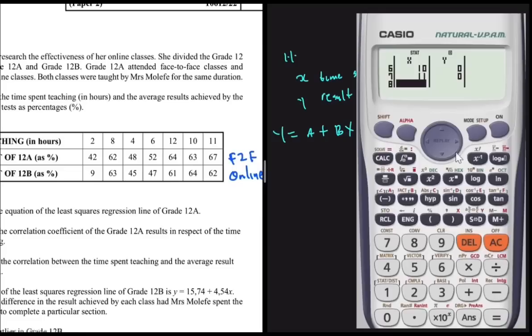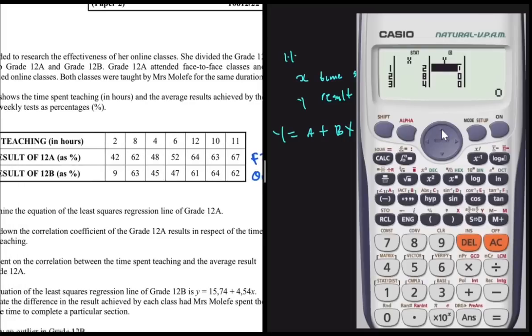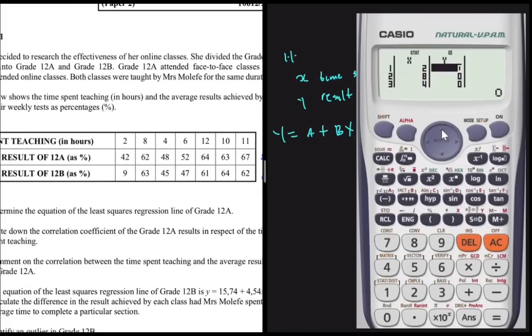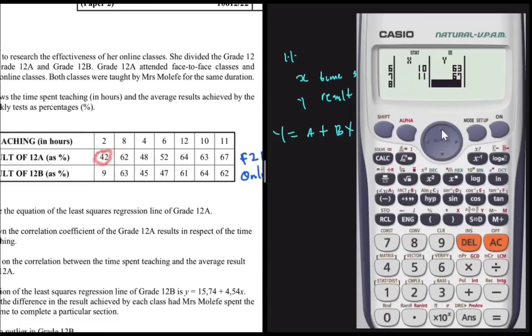To go to the y values, I move to that column and then move up to the first one. The first y value for 12A, the result, is 42. So I put 42. After 42 we have 62, then 48, then 52, 64, pressing equals, then 63, pressing equals again, and 67.